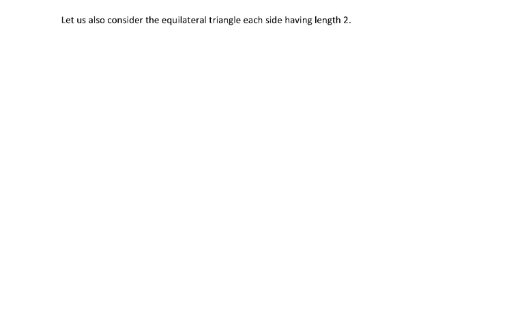Okay, so let's consider an equilateral triangle, and we're going to assume all the sides have length 2. It actually turns out it doesn't matter what you take the side length to be, because the triangle you get will be similar. But for convenience, we're going to take it to be 2.